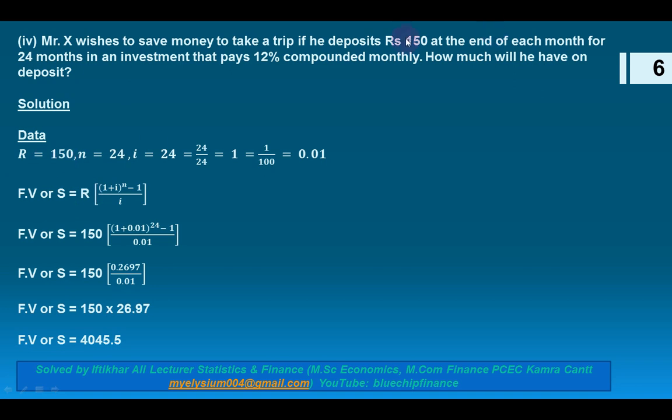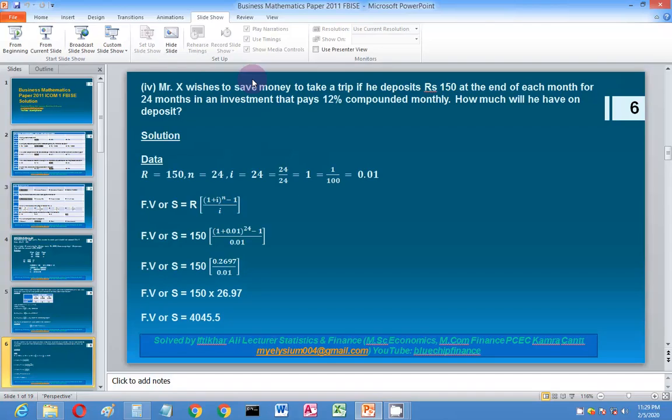R represents the deposit, so 150 is R, n is 24, n is the time period, and the interest is 12%, compounded monthly. So 12 divided by 12 equals 1%, because 12% is annual.